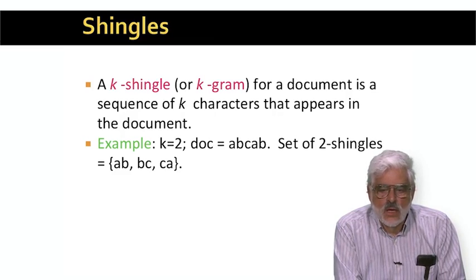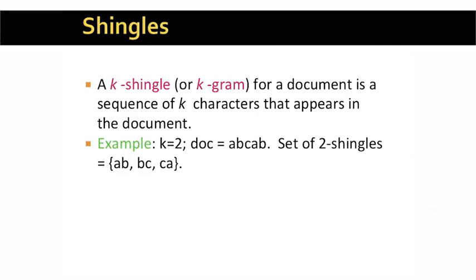We'll use k equals 2 for this little example, although in practice you want to use a k that is large enough that most sequences of k characters do not appear in the document. A k in the range 5 to 10 is generally used. The 2-shingles for our little document are AB, then BC, then CA, and then AB again.